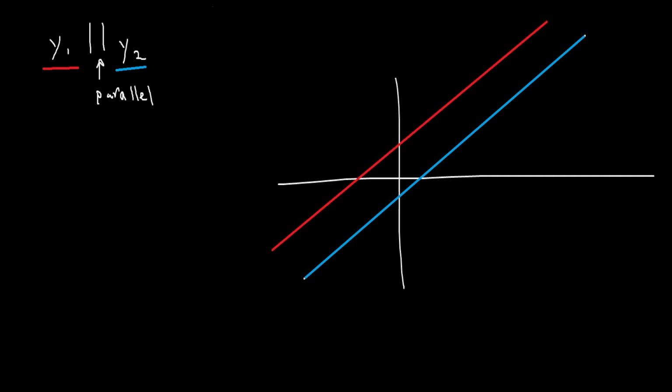So these two lines that we have right here, they are never going to meet. One is literally just the other moved up. So it doesn't matter how far I move left or right, y1, aka the red one, is always going to be a set distance away from y2. So there's no way these two are ever going to touch. If they don't touch, they are parallel.